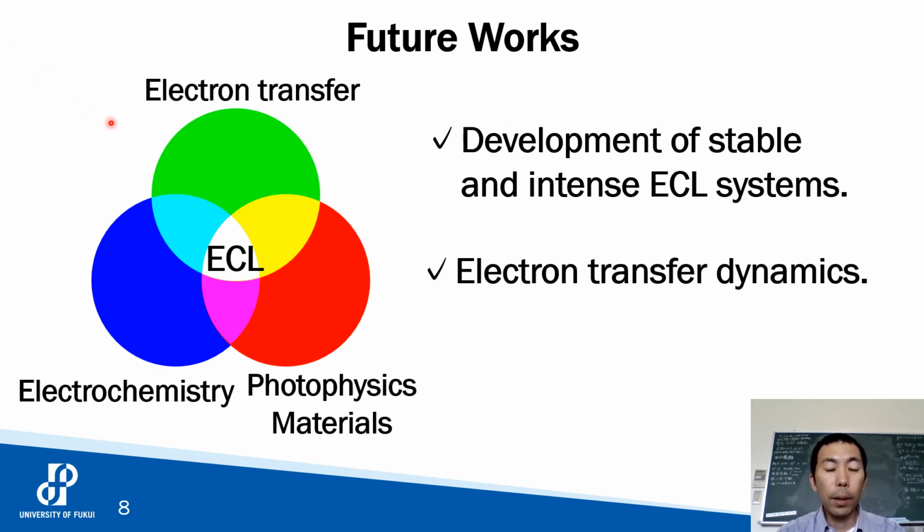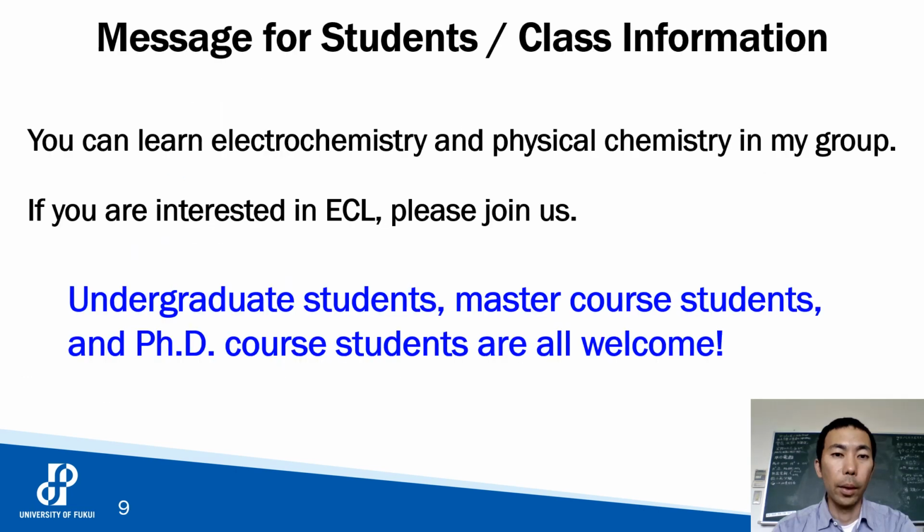These fields should be combined and considered to understand the ECL behavior deeply. I think doing ECL experiments is interesting and exciting. I am sure that when you observe ECL for the first time, you will be excited, as many students did.